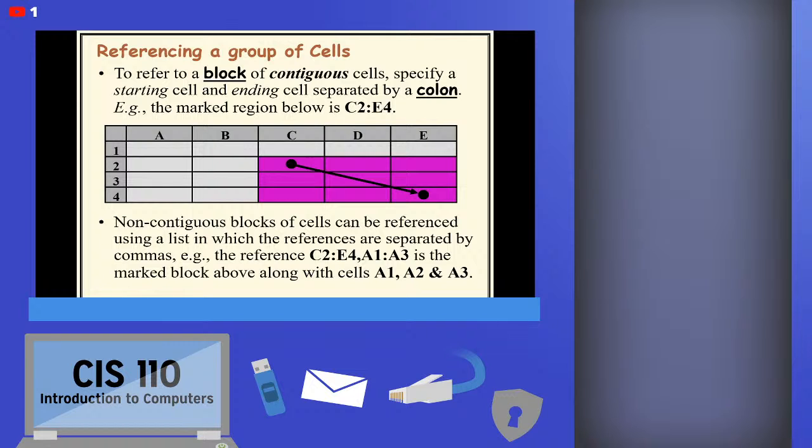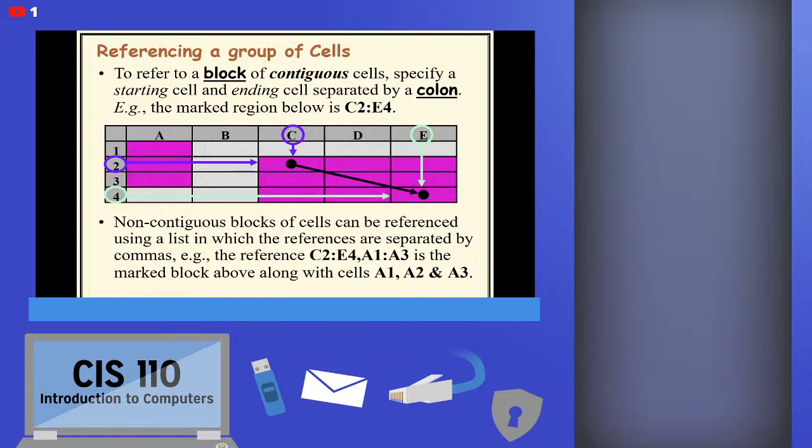What we have already is our C2:E4, but we could also add A1 to A3 here. I forgot a couple little things here, so let's click through a couple times. There's our C, there's our 2, there's our E, there's our 4. Now we'll bring up our A1 to A3.